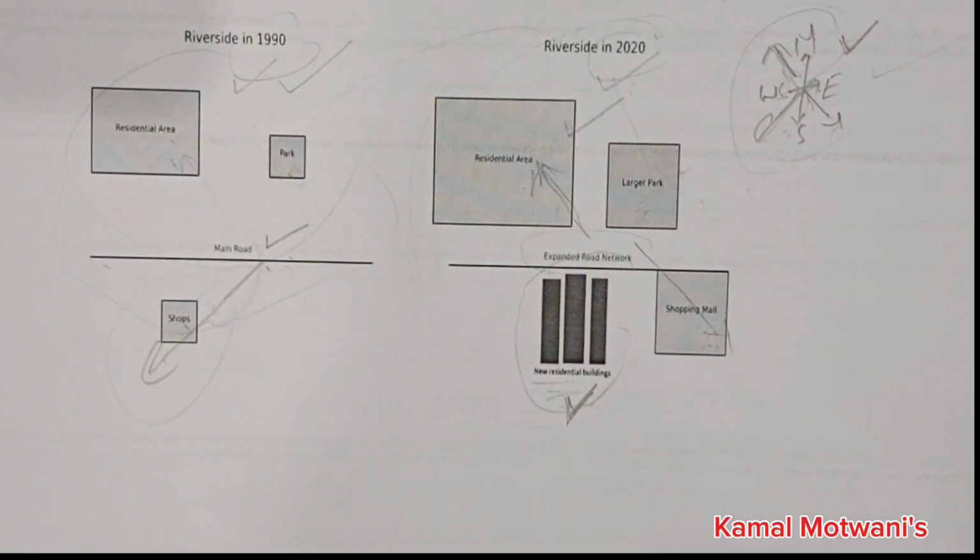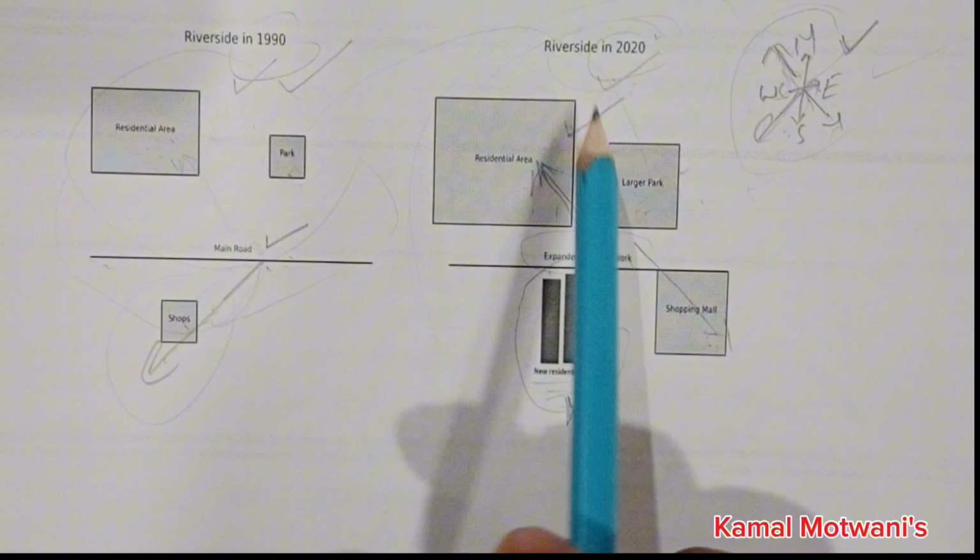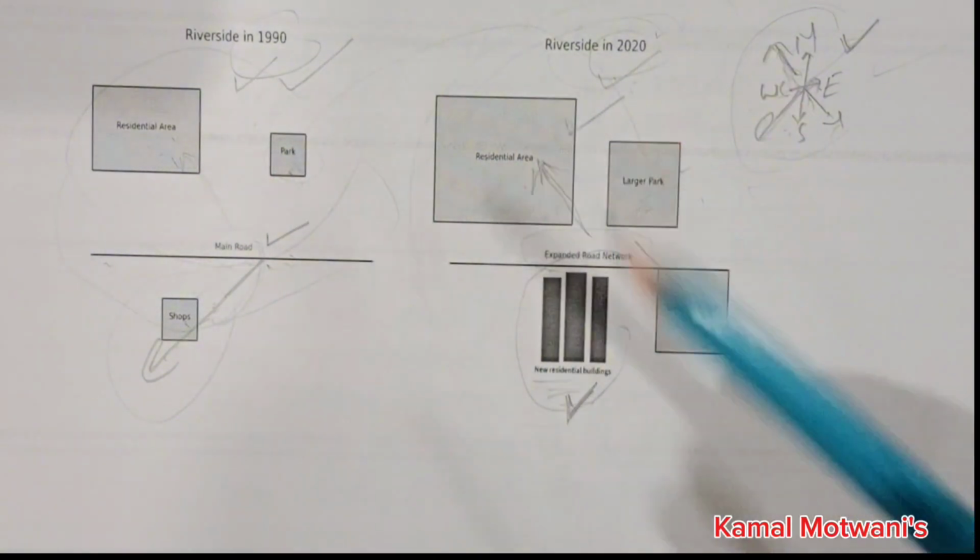But if we are writing about past to present, then you will use past and present tense. And if one map is of now and the other is the development plan, then you will use present tense for now and future tense for the development plan. But these both were in the past, so we use past tense for both maps.